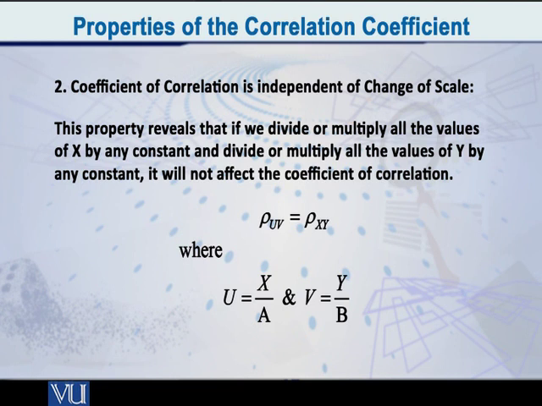So if I say, for example, that let m be equal to x minus a over h, and let n be equal to y minus b over k, तो अब अगर आप कंप्यूट करें कोरिलेशन कोफिशिएंट m और n का, that will be exactly the same as what you would have got if you were to compute the correlation coefficient of the original variables x and y.